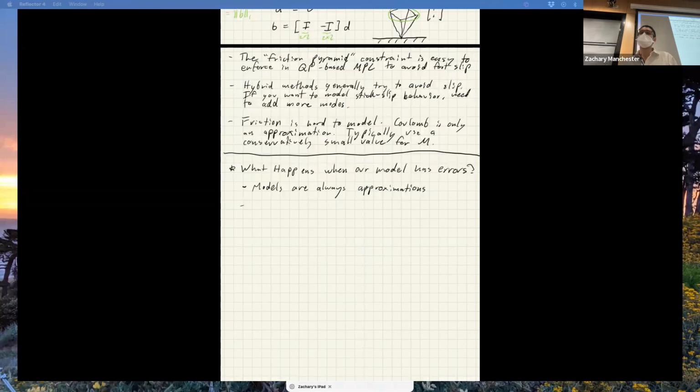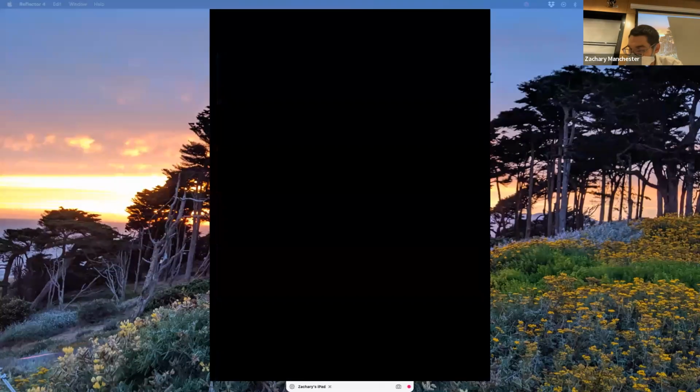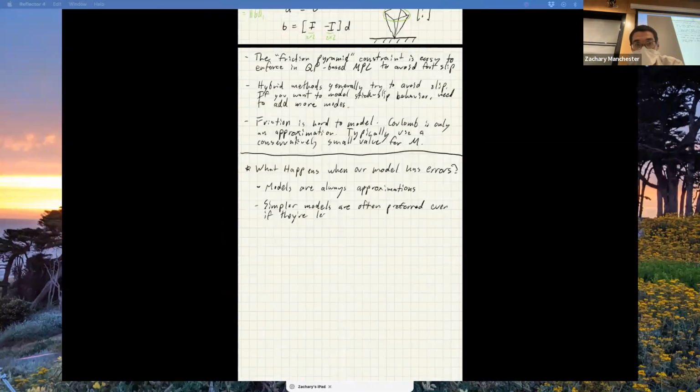We know what to do with them, even if they're inaccurate. In general, you want to use the simplest model you can get away with.